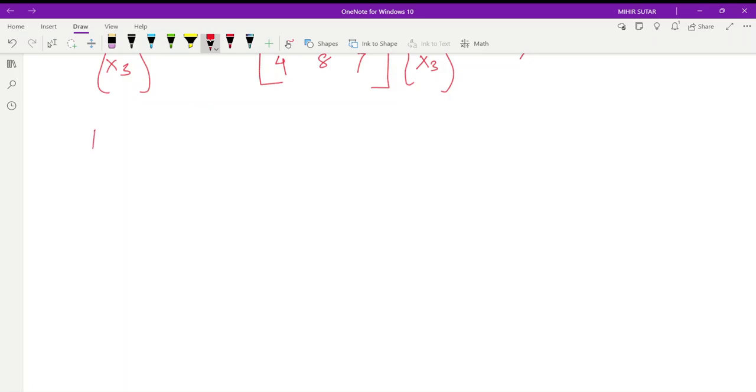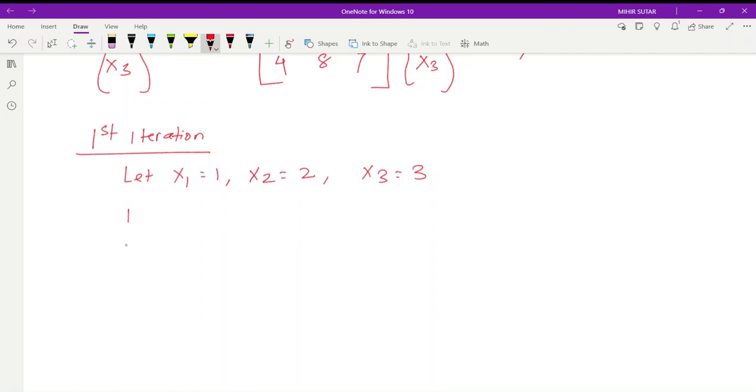Okay, now for the first iteration, let x1 is equal to 1, x2 is equal to 2, x3 is equal to 3.